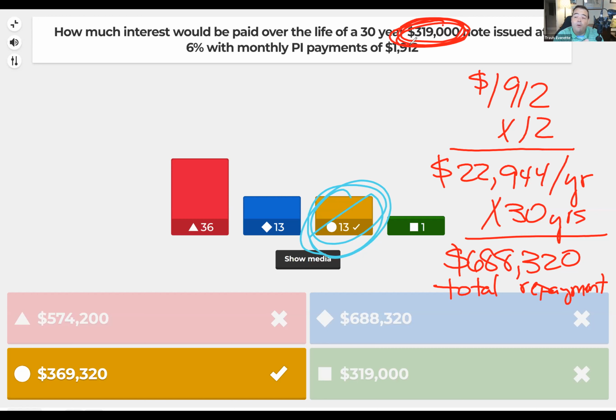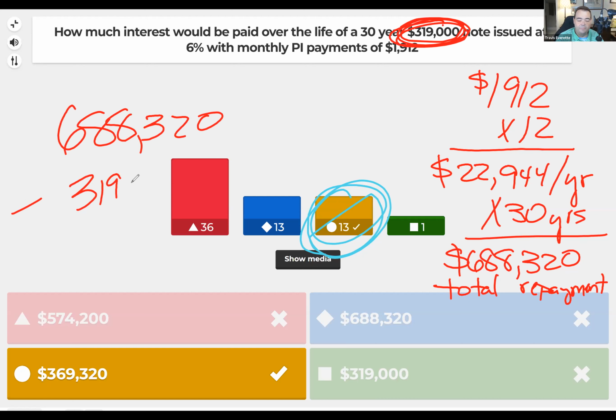If I know I borrowed $319,000 and I know I paid back $688,320, how complex is it to figure out how much interest I paid, folks? You just subtract the two. Yeah. How many of you are absolutely slapping yourself right now that you made that 100 times harder than it needed to be?